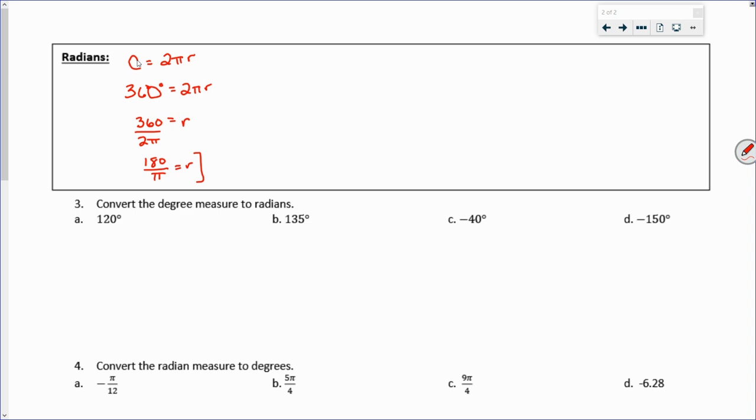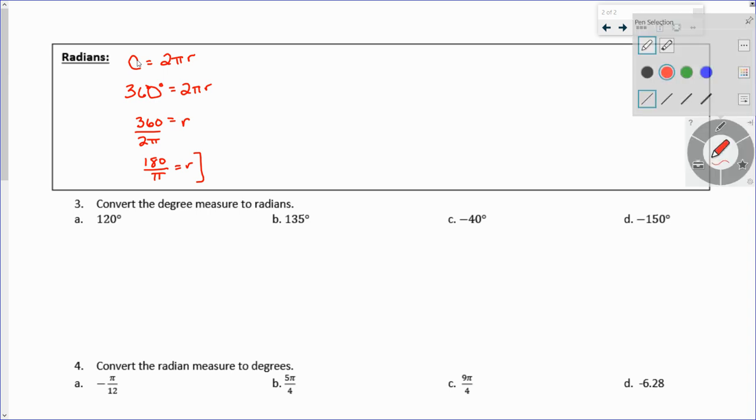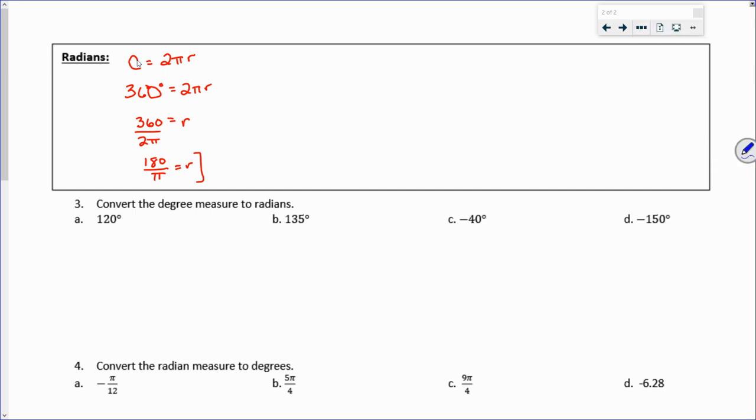So radians have two different things going on. Because it's just a ratio, we're going to end up using one of two conversion units down below, and you'll see how. We either use 180 over pi, or we use pi over 180, depending on what direction we want to go.